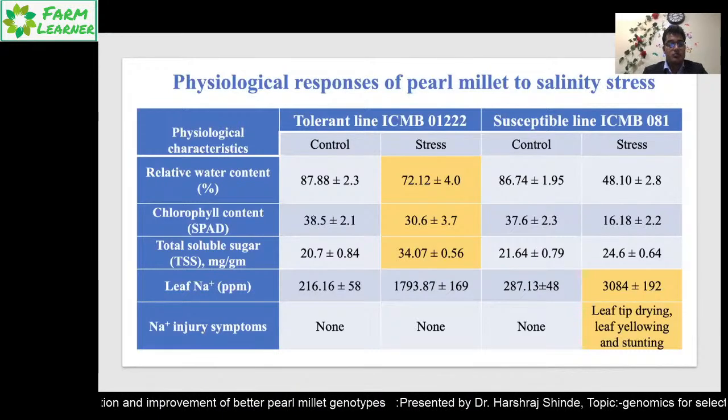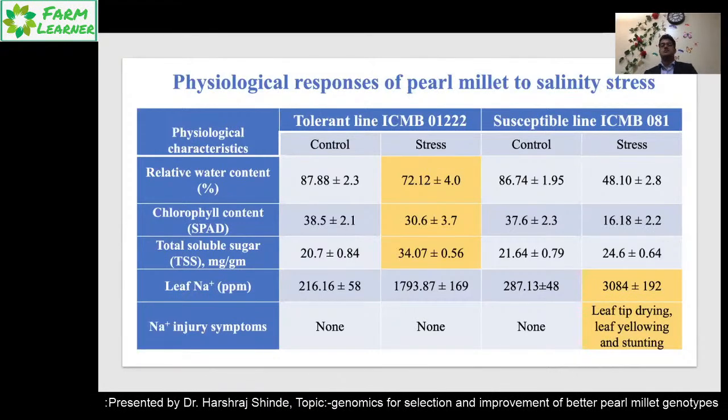The tolerant line showed almost 1.6-fold higher amount of sugar during stress. In the susceptible line also, sugar increased, but the increase was very small as compared to the tolerant line. And then, during stress, the higher the sodium accumulation in the leaf, the less the susceptibility of that line.